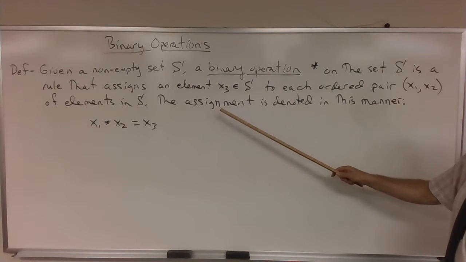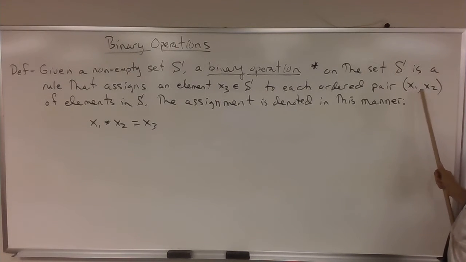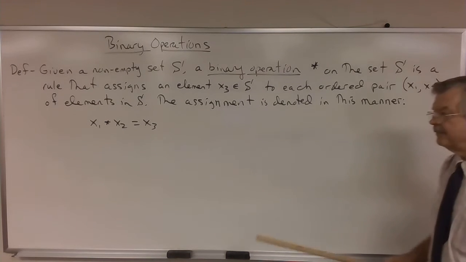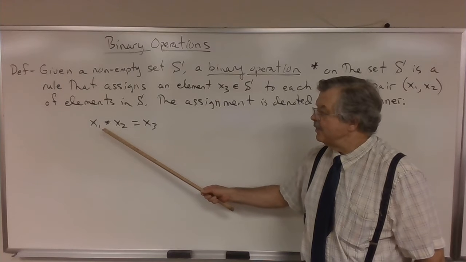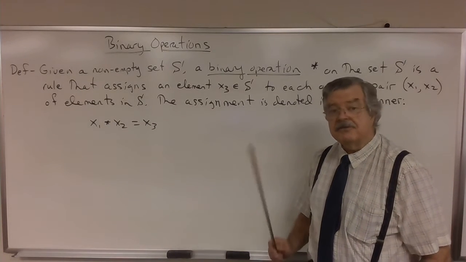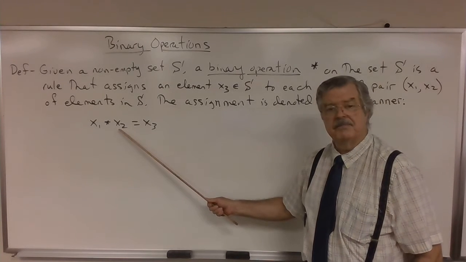The assignment of x3 to the ordered pair x1, x2 is denoted in this manner. x1 star x2 equals x3. So here's the ordered pair, x1, x2.